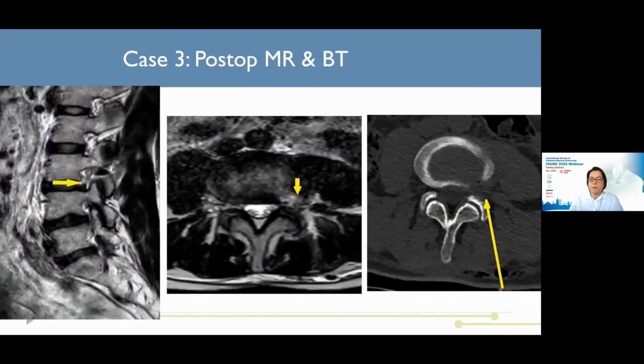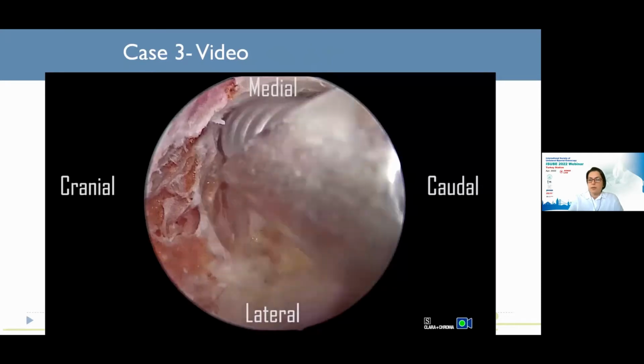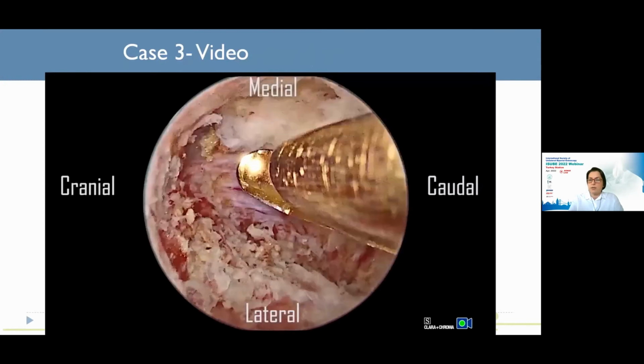In the postoperative MRI and CT, we can see that the foraminal disc herniation was removed. The patient's symptom improved after paravertebral UBE. This video shows the paravertebral approach for extraforaminal disc herniation.